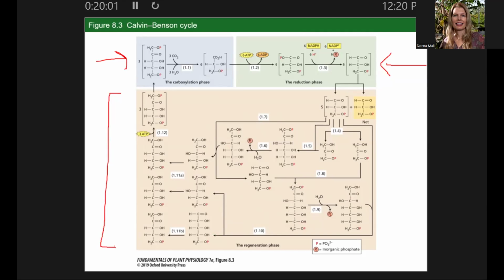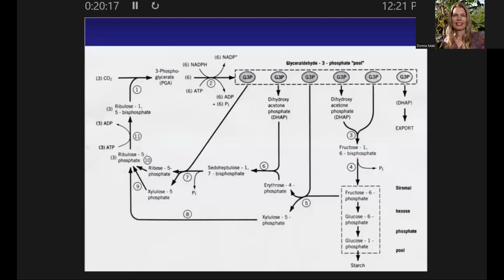This is nice if you like to count carbons and look at things. I find it hard for my brain to connect with, so I put this in here. If some of your brains work well with this, go for it. This is the one I prefer. It's a little more streamlined and just simpler to look at.